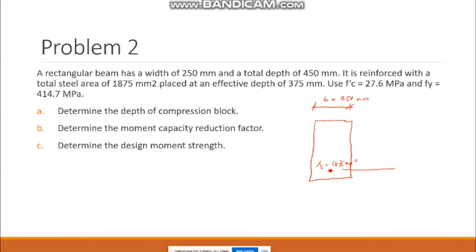Then assume it is 1 layer. Then we have d being 375 millimeters. Then we are given f'c 27.6 MPa and fy 414.7 MPa.